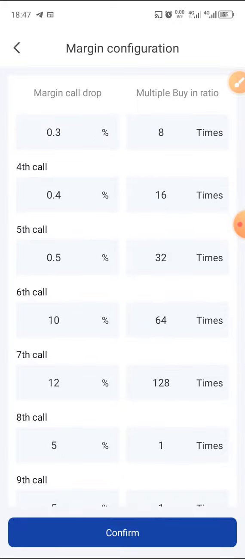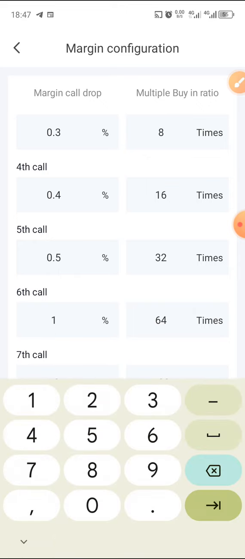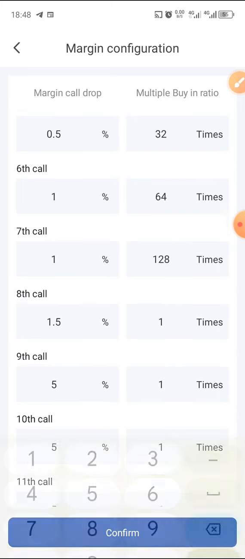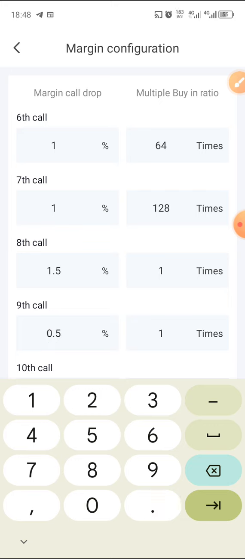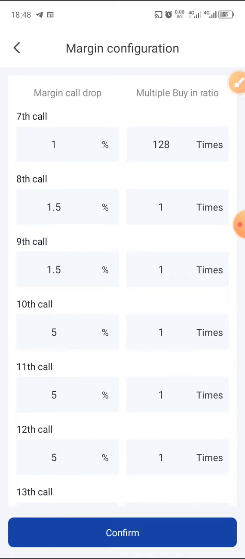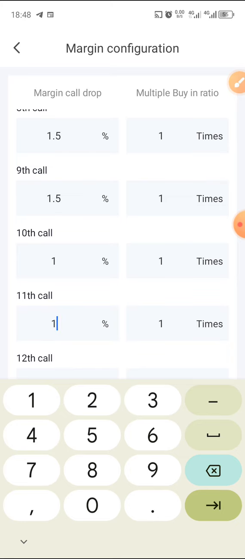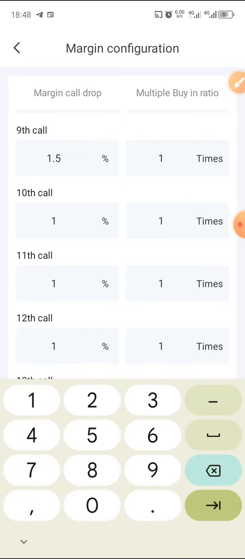and now from margin call number 5, if at all you are not going to be using the AI margin call, you can say 1%, 1% or 1.5, 1.5, or you can put 1% throughout.